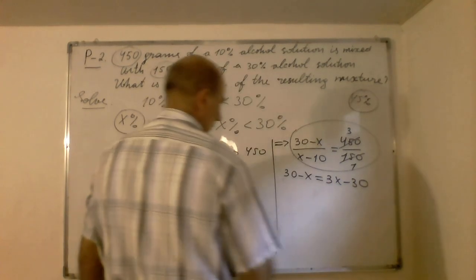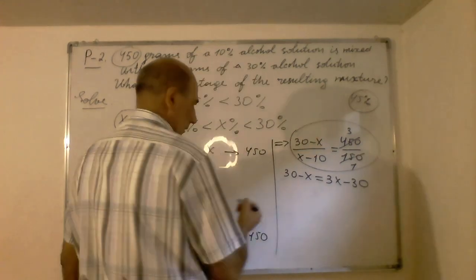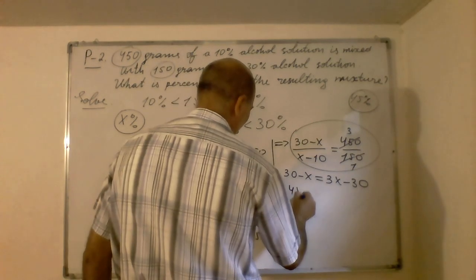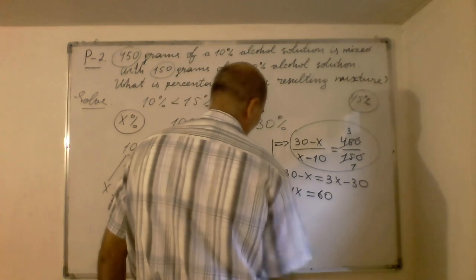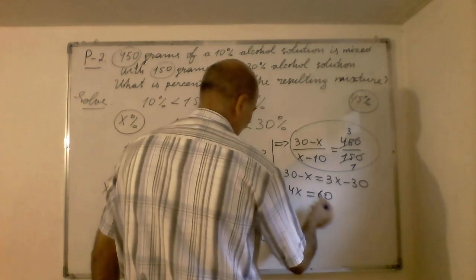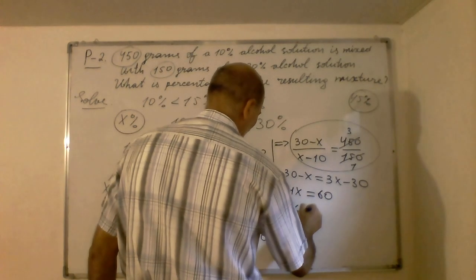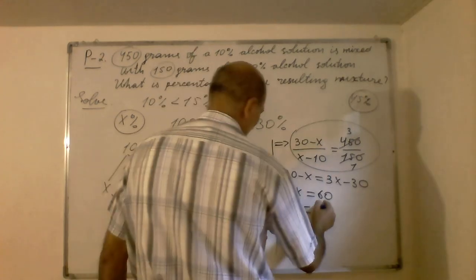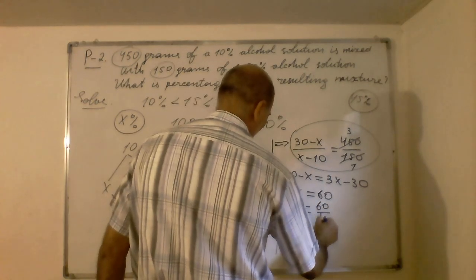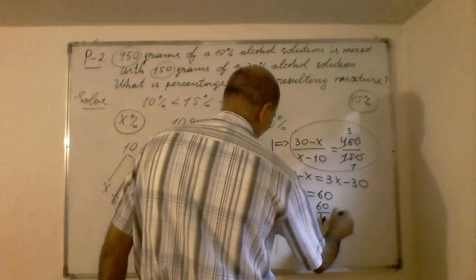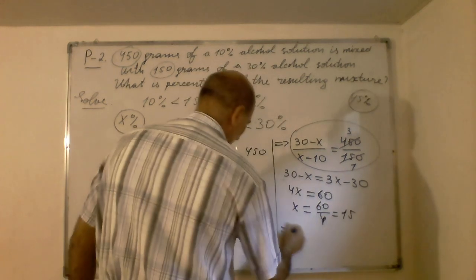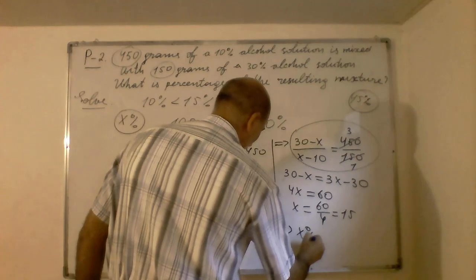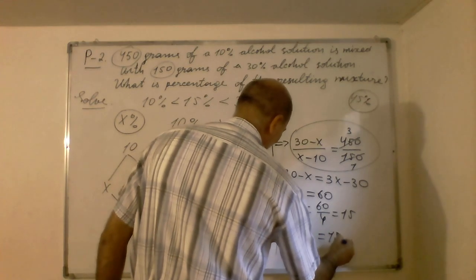And from this equation we can write 4x equals 60. And from this equation x equals 60 divided by 4, which is equal to 15. And from here we can write x%, which equals 15%.